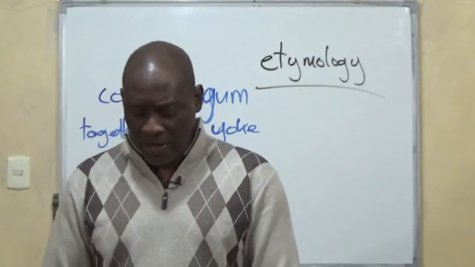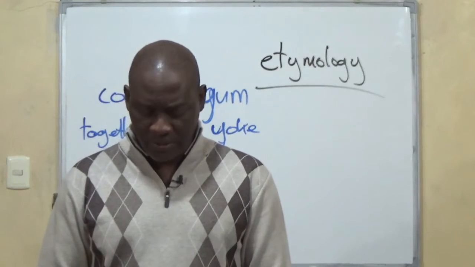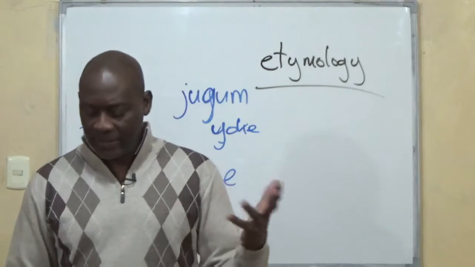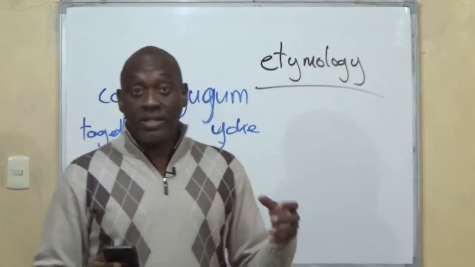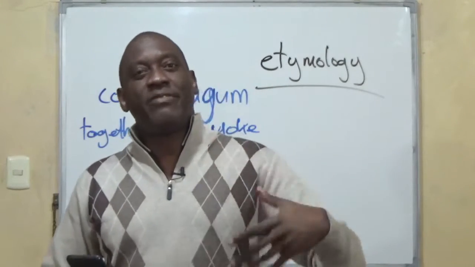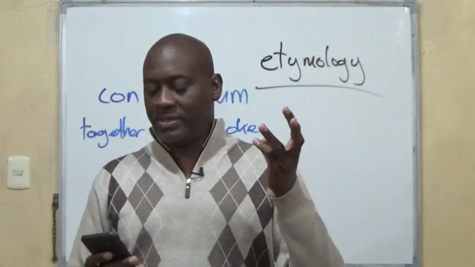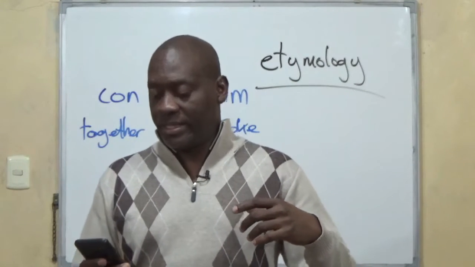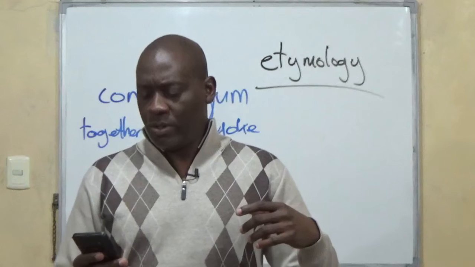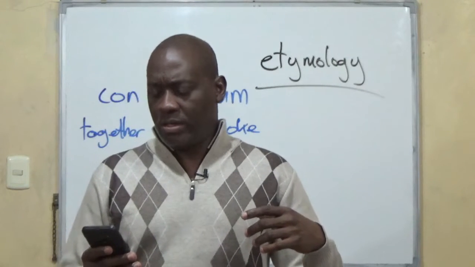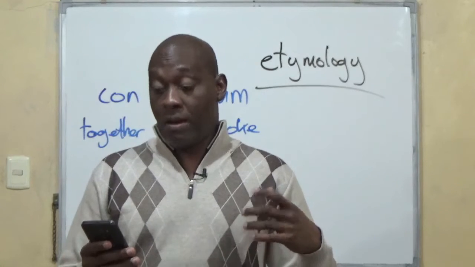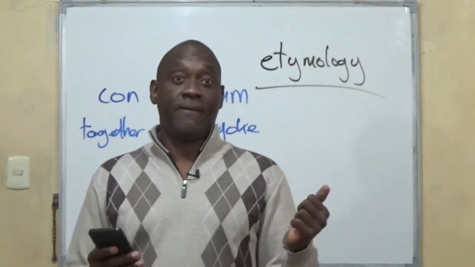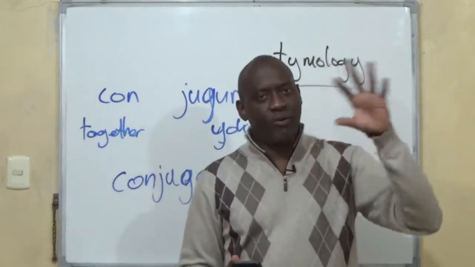So let me talk about the actual definition of the word now. Again, we're using the phone. The word conjugate has different meanings in different contexts. We have a grammar context, a biology context, a technical context, a biochemical context, a mathematical context, etc. I'm not going to go into the details of all the different contexts.